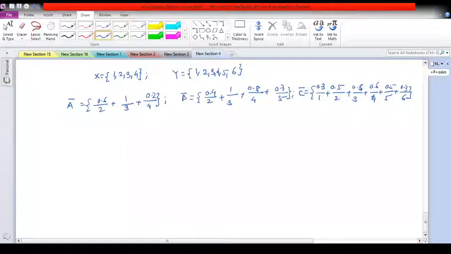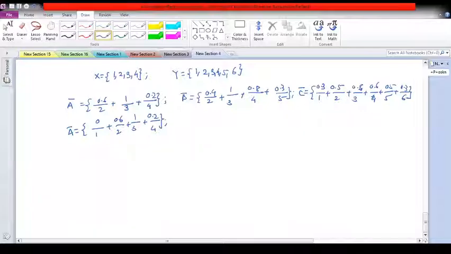Now let us calculate only for if A bar then B bar. If this is the rule, then how do we obtain the relation matrix? Okay. So in order to have compatibility, we make the A bar compatible with the universal set. So let me make this A bar of order 4. So for 1 it is 0, for 2 it is 0.6, for 3 it is 1, and for 4 it is 0.2.